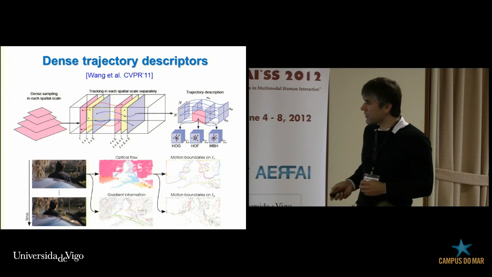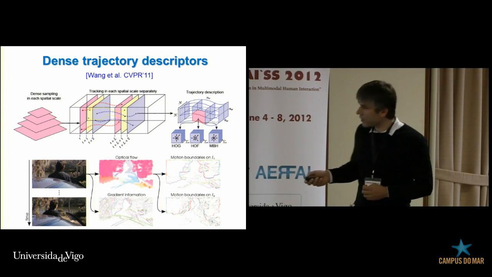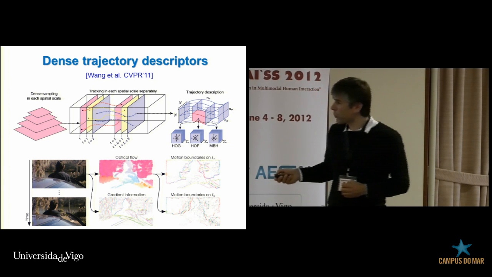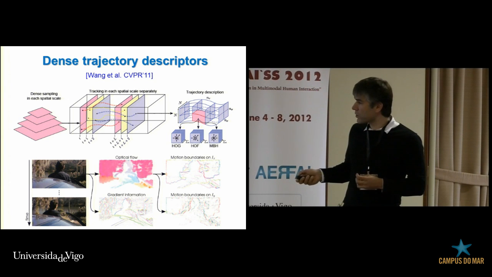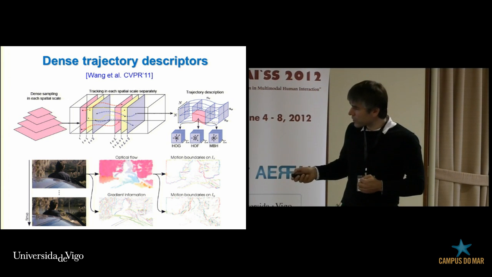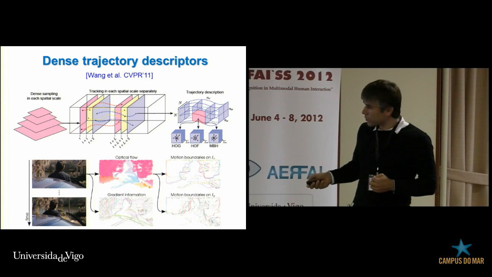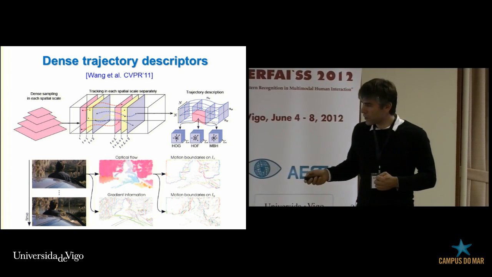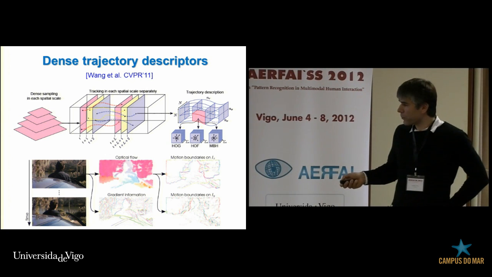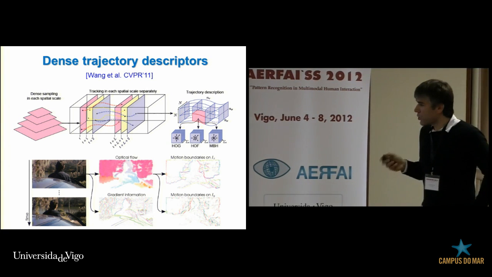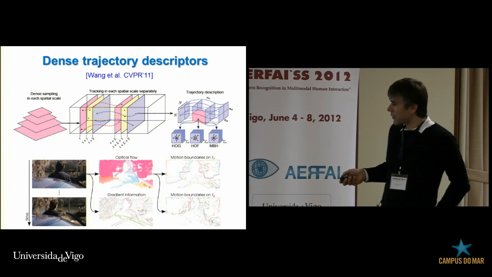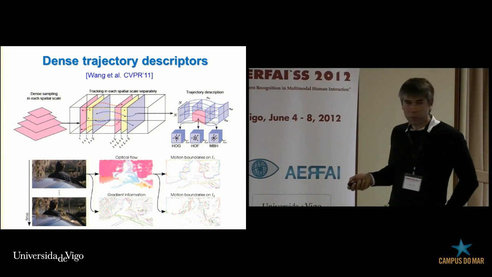Another difference is that apart from the optical flow histogram, so this is like 2 frames, and this is the optical flow for them, what the HOF descriptor does is compute a histogram for this. And this would be the gradient, so standard descriptors compute a histogram of gradient information. They also compute information from motion boundaries.